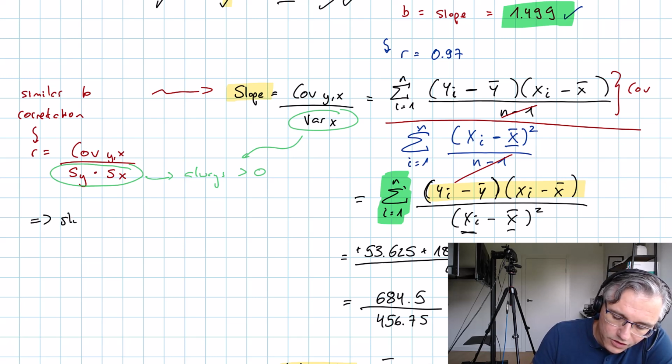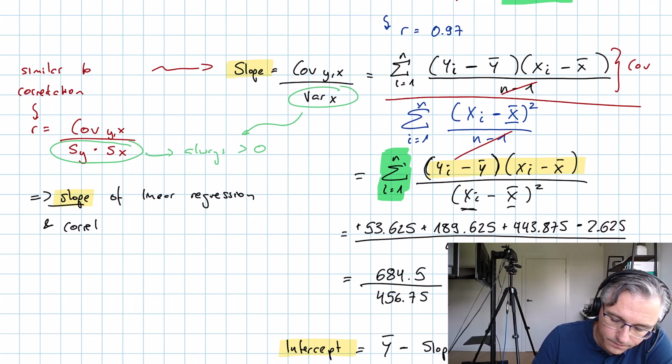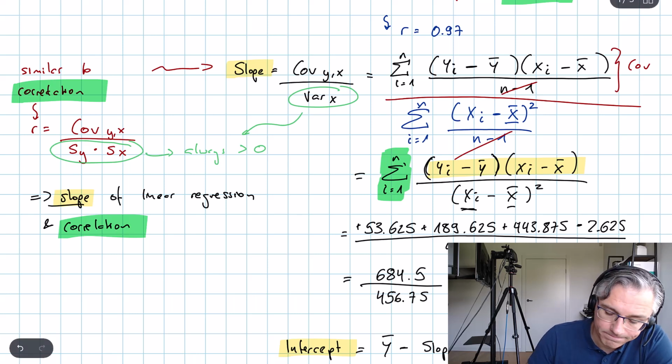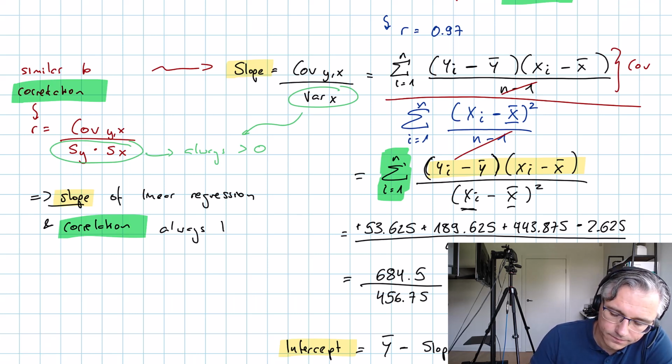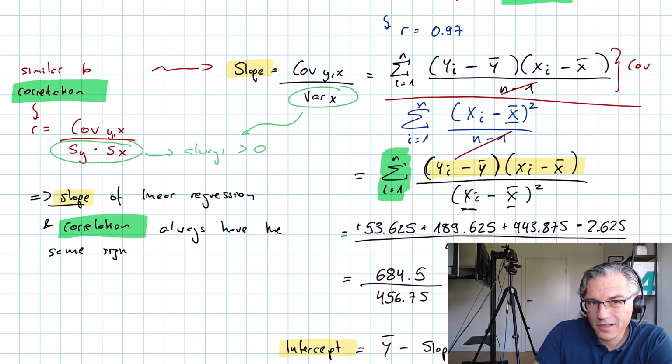Therefore, the slope of the linear regression, so the term slope, one of the key regression coefficients, and correlation always have the same sign.